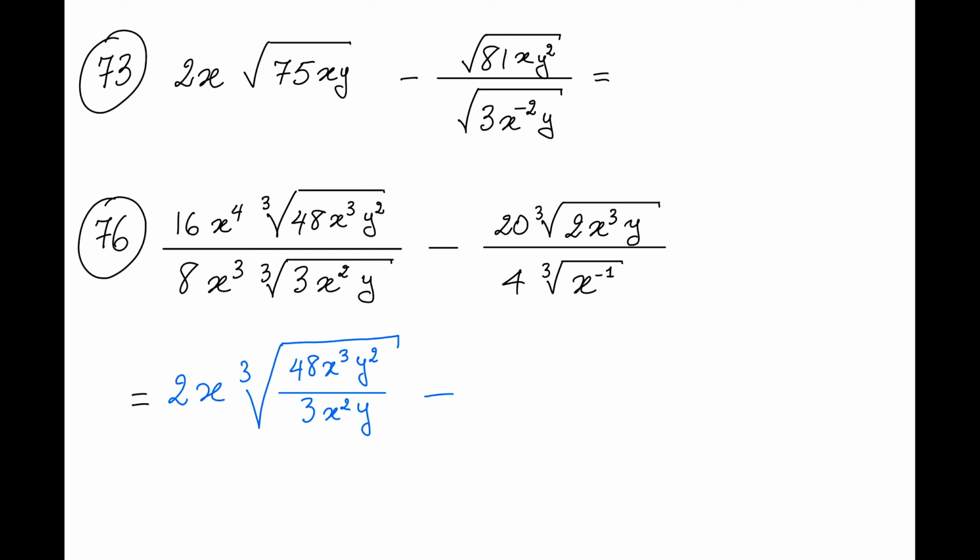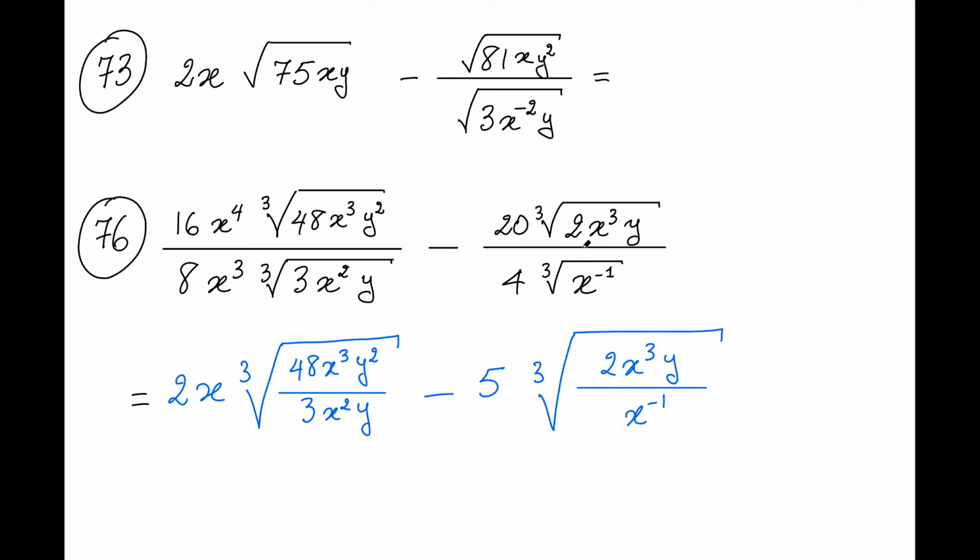Minus 20 over 4 is 5. And same game here, third root of 2x cubed y times x to power negative 1.